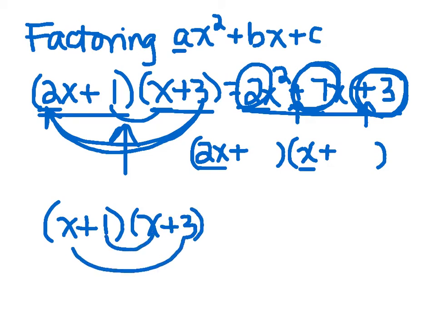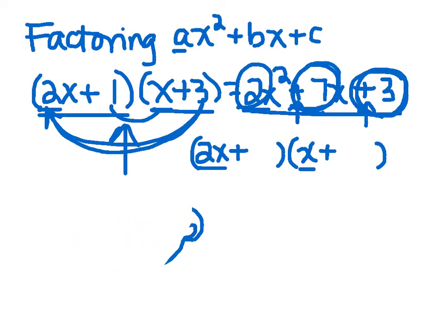The outer and the inner add up because these coefficients have always been 1, meaning that 3 is multiplied by 1, 1 is multiplied by 1, so I just add 3 and 1. As soon as I introduce a coefficient to the quadratic term, all of that goes out the window, and I need to guess and check.